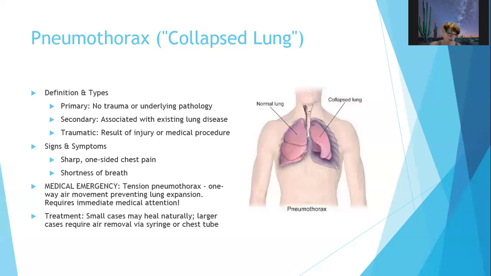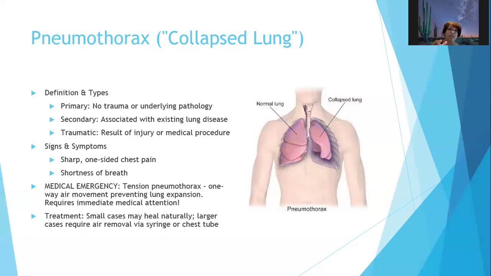Whatever the cause, whether it's spontaneous or there's trauma or it's a medical condition, the signs and symptoms include sharp one-sided chest pain and shortness of breath. It's a medical emergency. If untreated, a large pneumothorax can lead to respiratory distress or death. That's never good. The one-way movement of the air prevents lung expansion. It requires immediate medical attention.